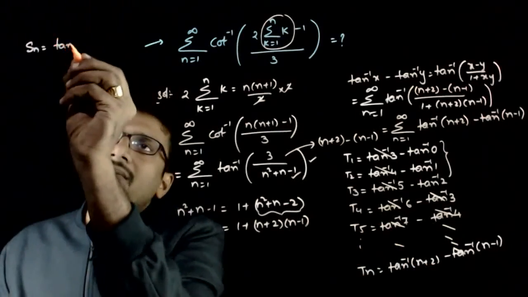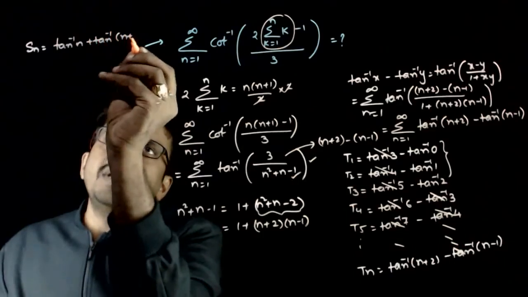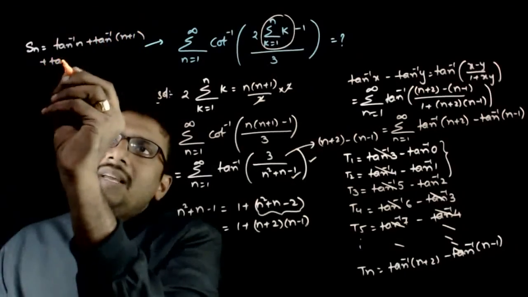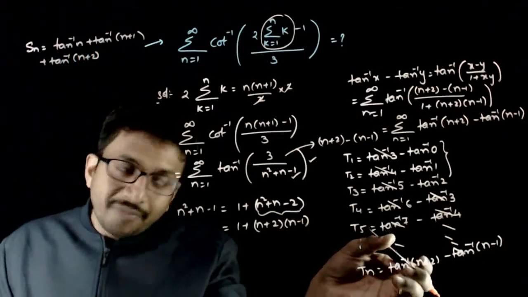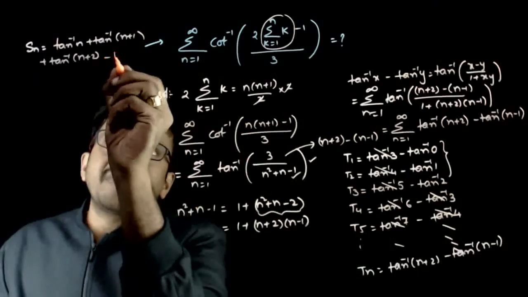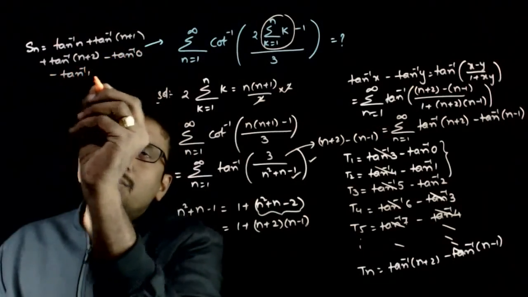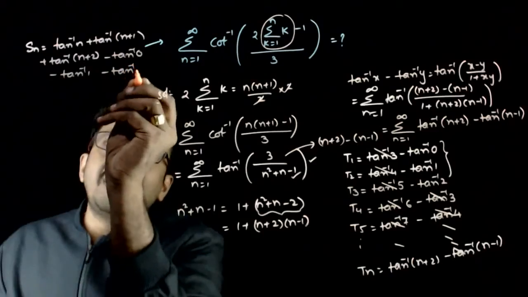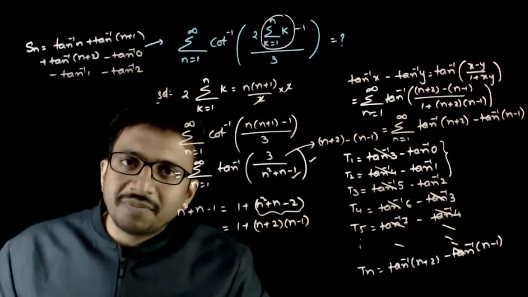So tan inverse of n plus tan inverse of n plus 1 plus tan inverse of n plus 2. So these are 3 terms which are left on this side, minus tan inverse 0 minus tan inverse 1 minus tan inverse 2. So this is the sum up to n terms.